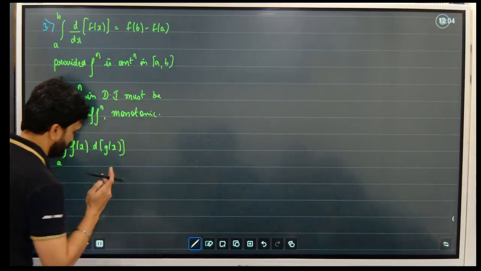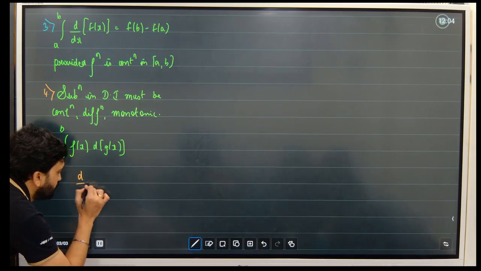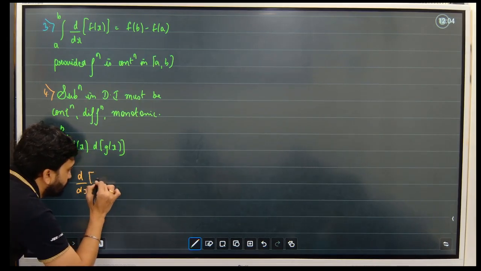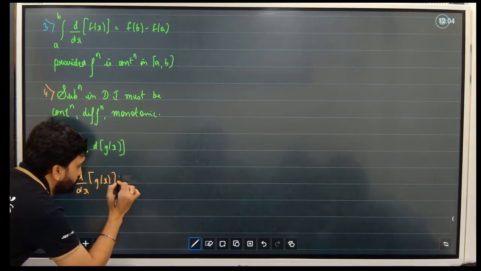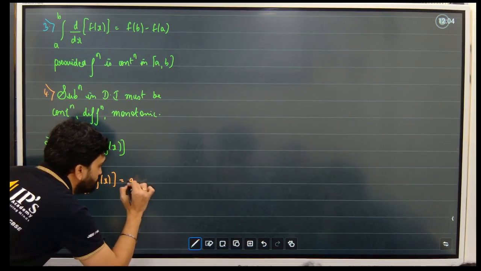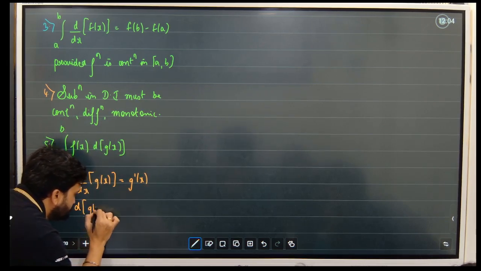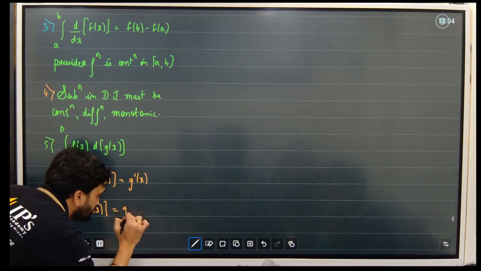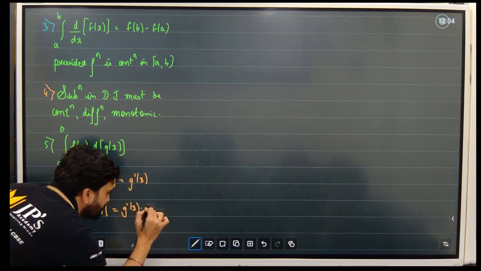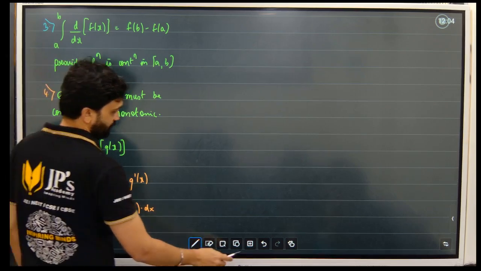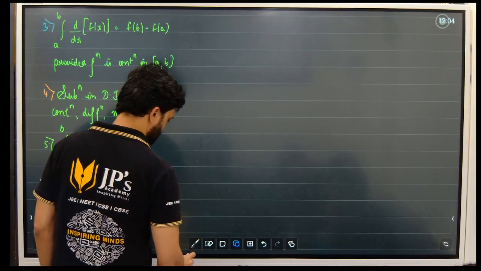Let me explain this to you. So if I write d by dx of g of x is equal to g dash x. In other words, d of g of x is nothing but g dash x into dx.